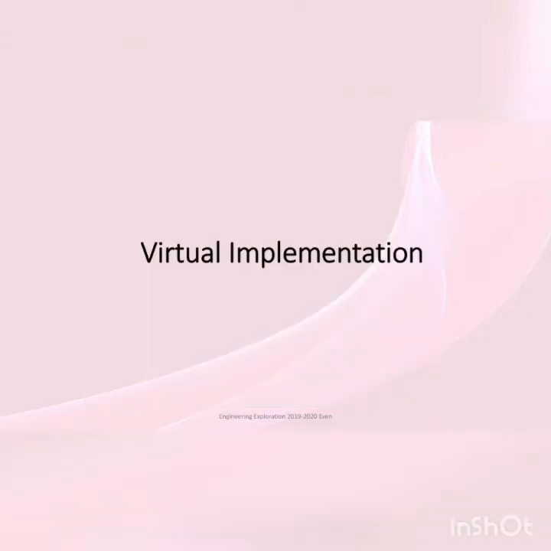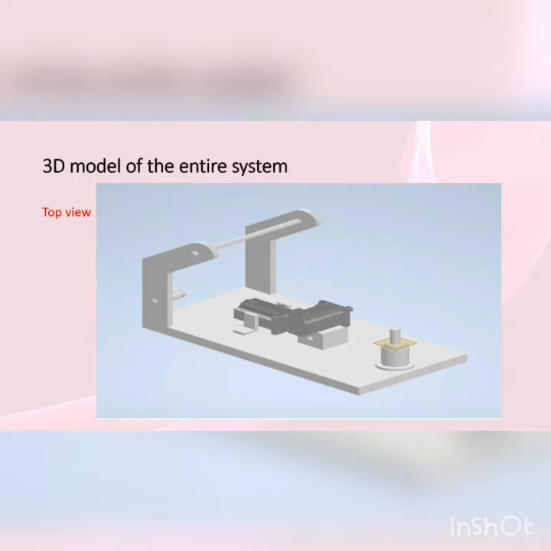After completing the Pugh chart process and selecting the concept, we went through the virtual implementation process with the help of AutoCAD, a software where we can develop a 3D model for our system. On the screen, we can see the design which we created on AutoCAD.